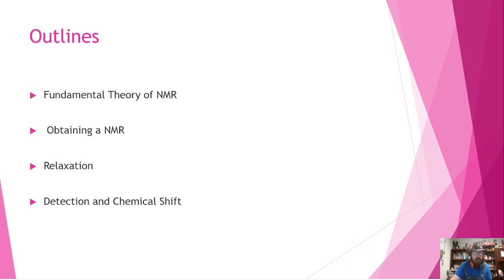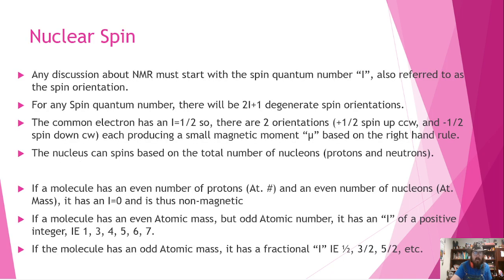So, fundamental theory. The idea here is that any discussion about NMR needs to talk about the idea of a quantum spin number, which has to do with the spin orientation. We all know that the electrons spin. Well, the atoms also spin.